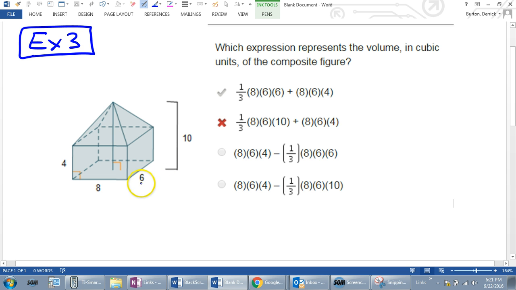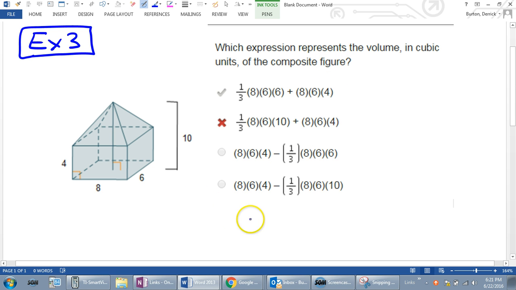Which expression represents the volume of the composite figure? So it's pretty much just like the last one, except they don't want us to work it all the way out. They want us just to set it up.